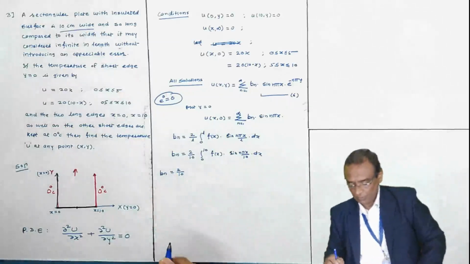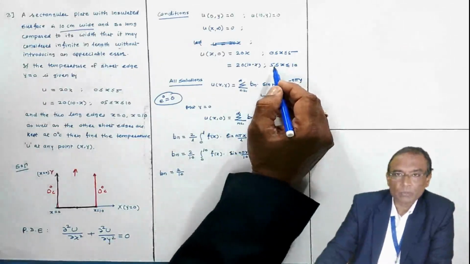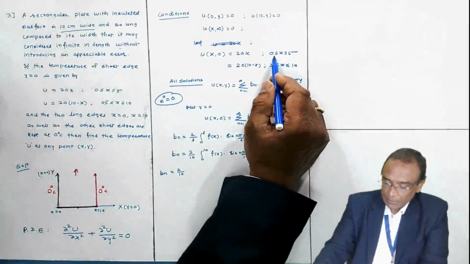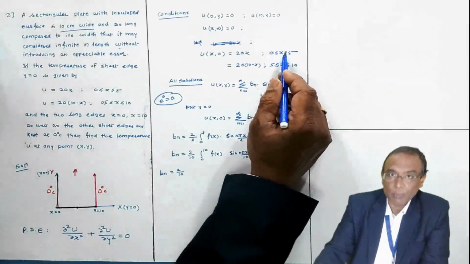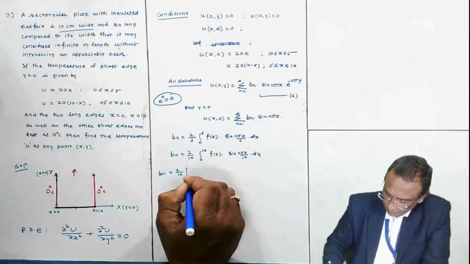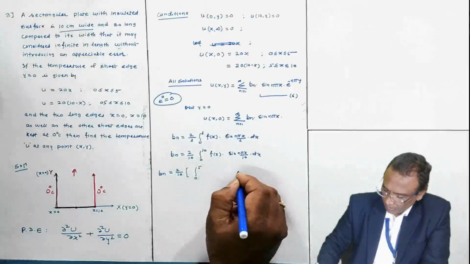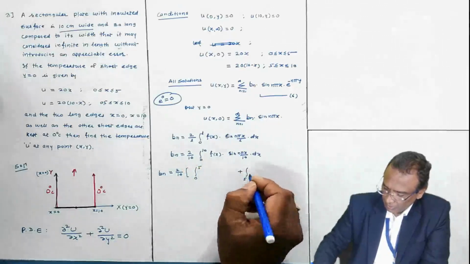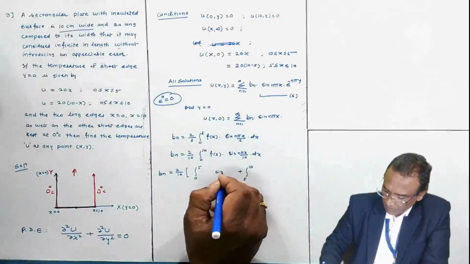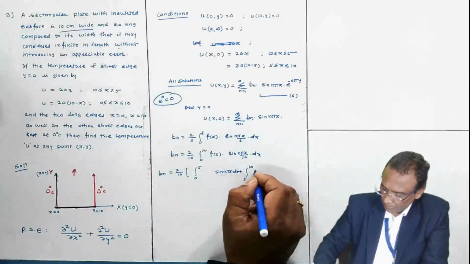You can write 1 by 5 also. The temperature is not the same from 0 to 10; it is different in two subparts. So I am going to split the integral into 0 to 5 and 5 to 10, with sin(n pi x / 10) in each.